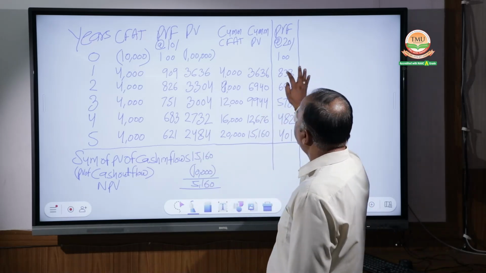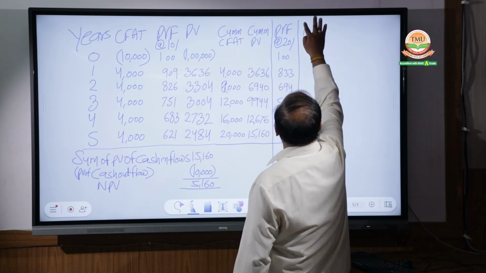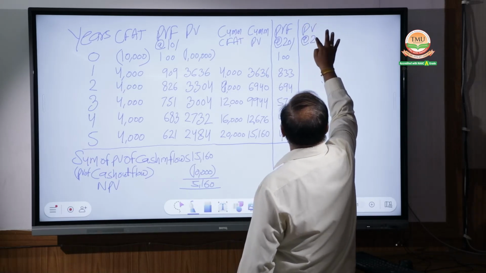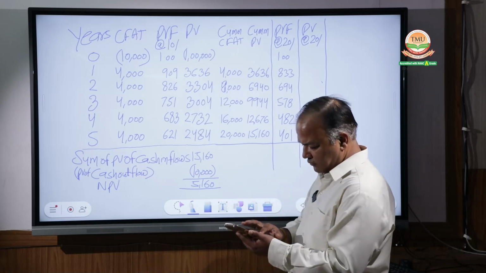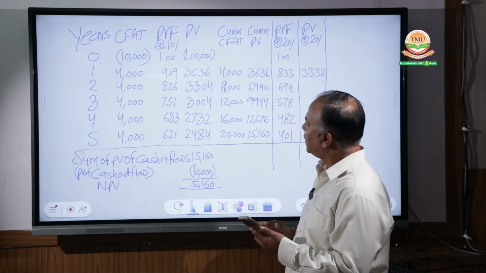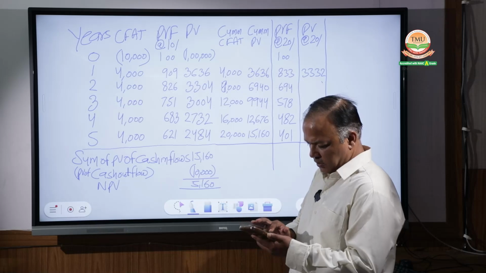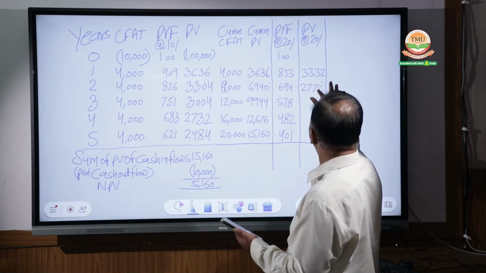Now 0.833 into 4000. Write down here present value at 20%. 0.833 into 4000, 3332. Now 0.694 into 4000, 2776.